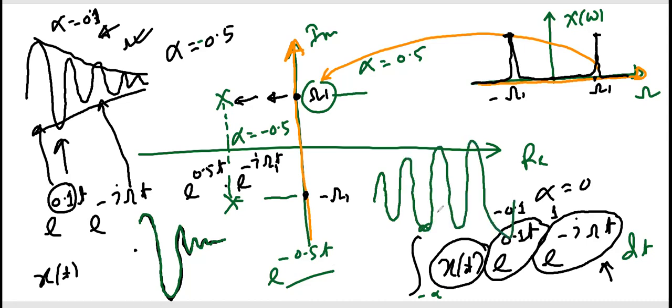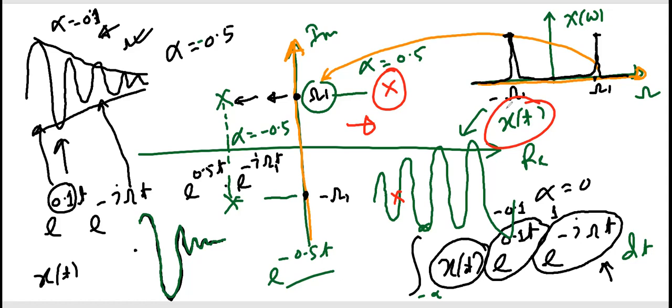If your signal xt looks like this, in which domain will it match? Definitely it will match on the right side. So if your pole is on the right side, definitely it's called an unstable signal.